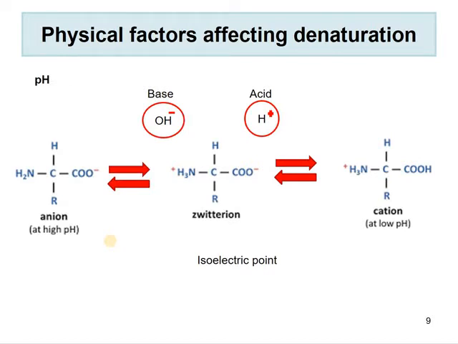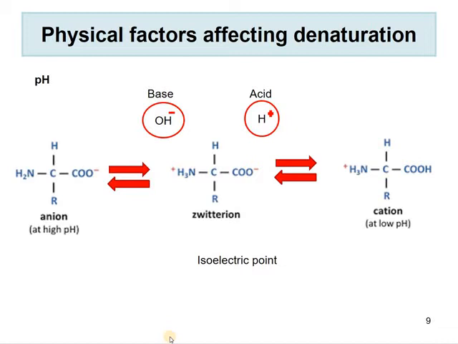Most amino acids are found at neutral pH, and we call that the zwitterion. Another name for the zwitterion is the isoelectric point. This is the point whereby the net charge on that protein or amino acid is 0. So the number of positive charges equals the number of negative charges.